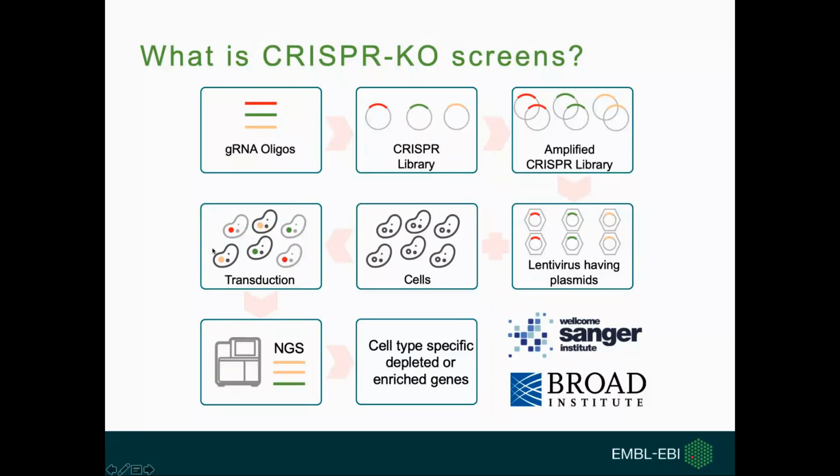At the end, they look at the alive and dead cells and their genomic components, and then they decide which of the guide RNAs are inside the alive cells. So this gives us the cell type specific depleted or enriched guide RNAs.